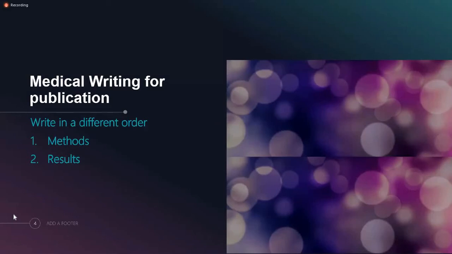So methods, results, discussion and conclusion, and then you write the introduction. Why? Because when you develop your project or proposal, you already wrote something in the introduction, so you know the background. Once you are done with all the data collection and analysis, you are at the stage of writing for publication. So you start writing with methods, results, discussion and conclusion, and based on your results, discussion and conclusion, you can rewrite your introduction again.